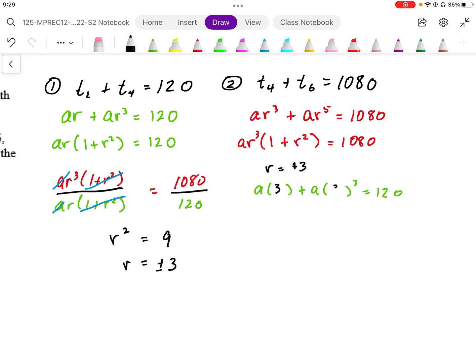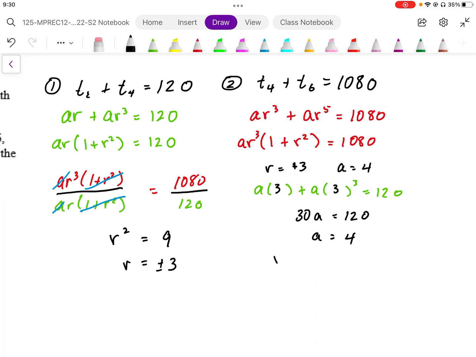If I plug the R into there, I end up with 3A plus 27A. That gives me 30A, and that's equal to 120. So A is equal to positive 4. So when R is equal to positive 3, A is equal to positive 4.